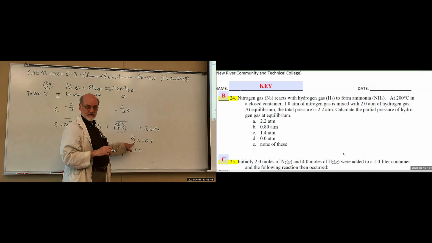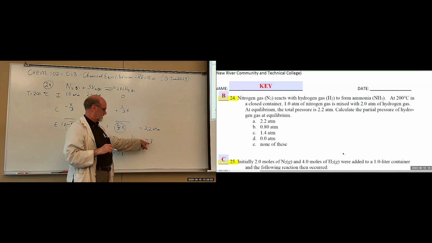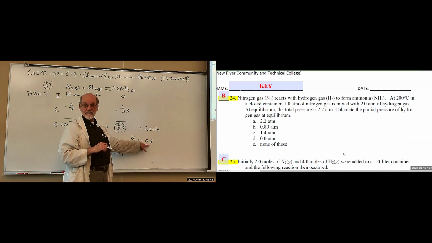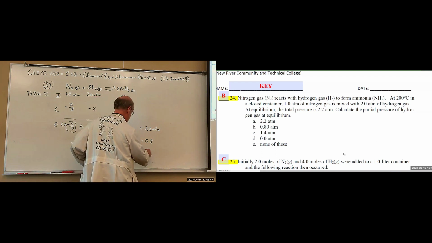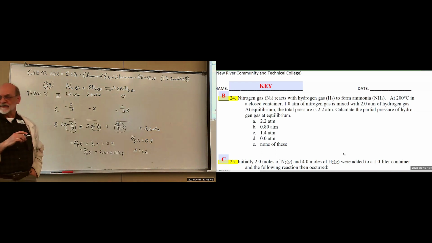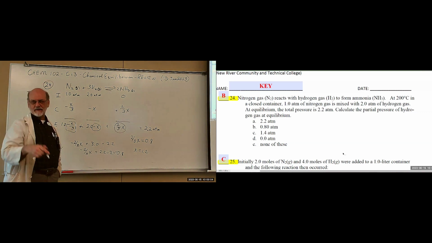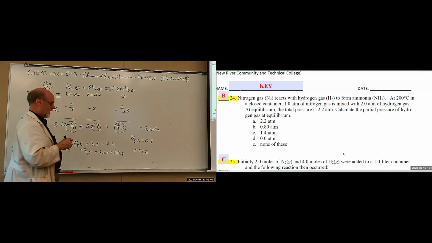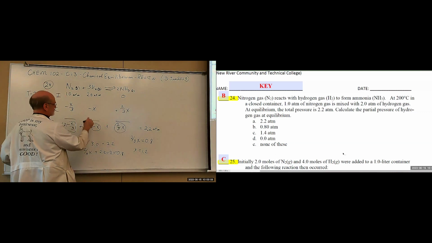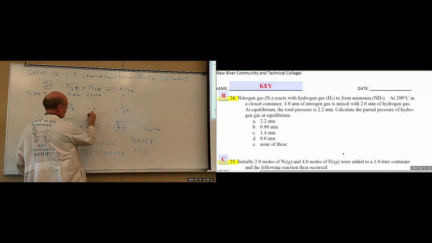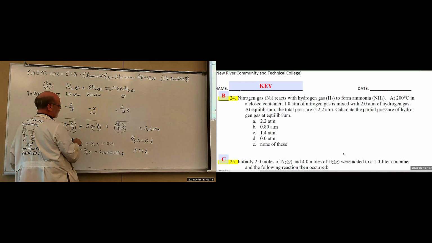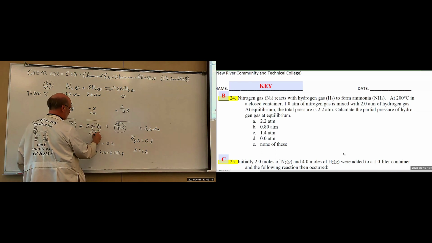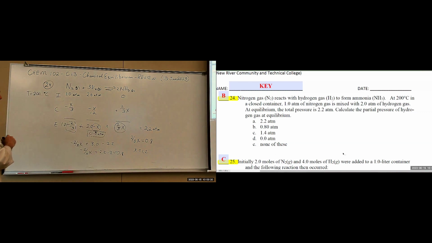Take the denominator, put it in the numerator, 2.4, and then divided by 2 is 1.2. Correct? Am I losing it? Because I'm not using the calculator. Okay, so that's x. If this is 1.2, then 2 minus 1.2 is 0.8, correct? So B is the answer.